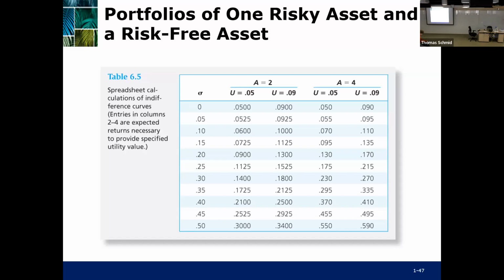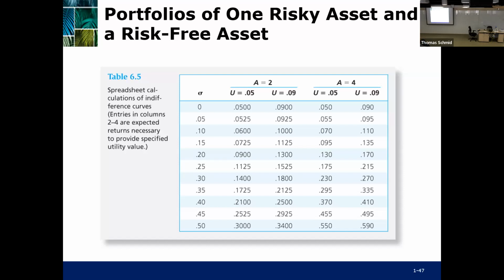So how can we now draw that? Well, it's relatively simple. We can, for example, define that we want to draw a utility curve that offers a utility of 0.05 for this first investor. And then for different discrete levels of risk, which we just randomly choose, we calculate the expected return that this investor needs to achieve that utility.